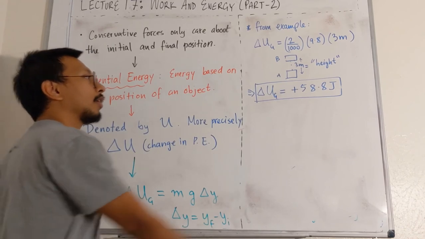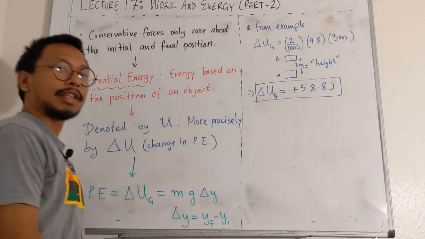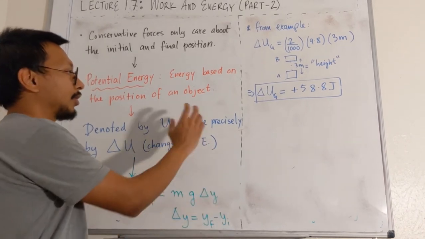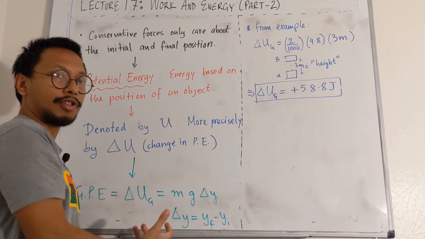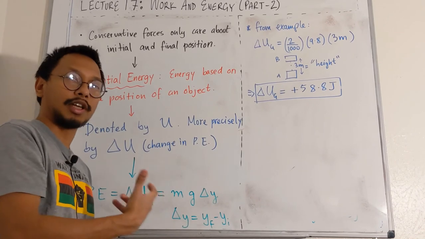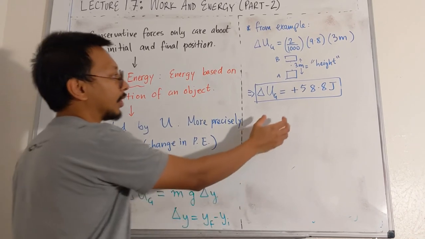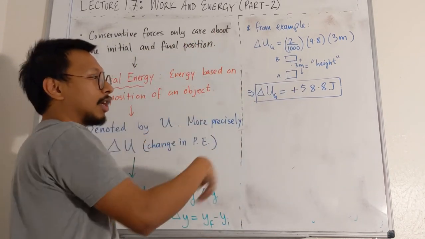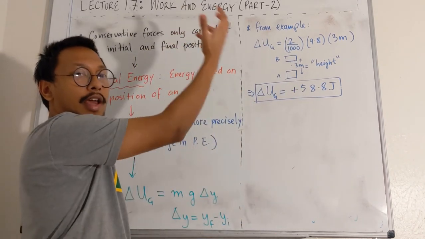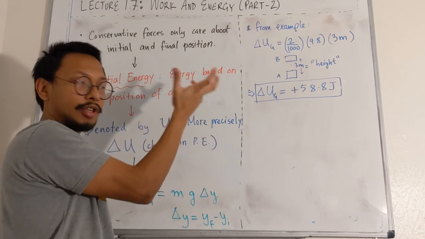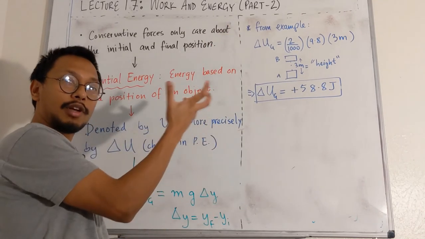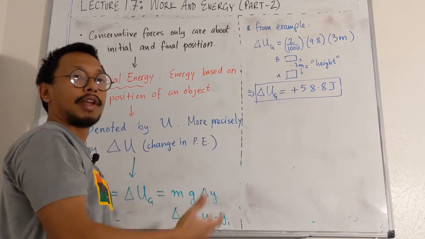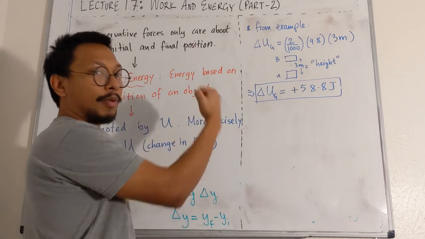Now if you remember, this is the same number as the work done by gravity. So in effect, the gravitational potential energy is the same as the work done by gravity. All that means is the more height you give an object, the higher you take an object, the more gravitational potential energy it has, and the more gravitational potential energy it has, gravity will try harder to bring it down.